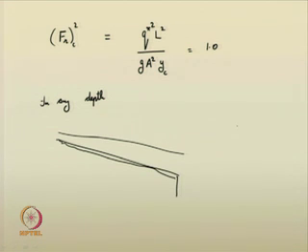Based on this, Lee in his analysis suggested that the Froude number at any section can be given as Fr squared is equal to q star squared x squared by g A squared y.